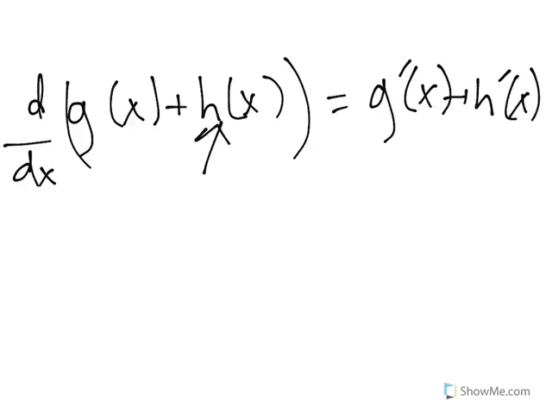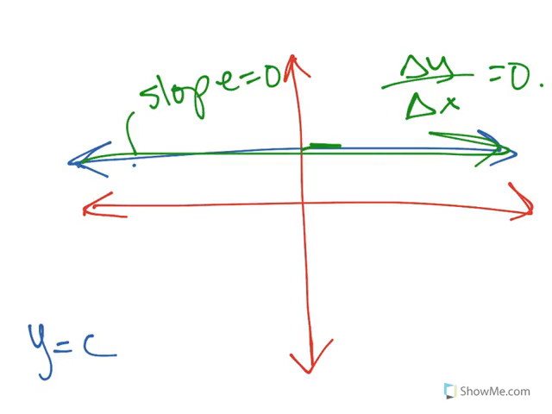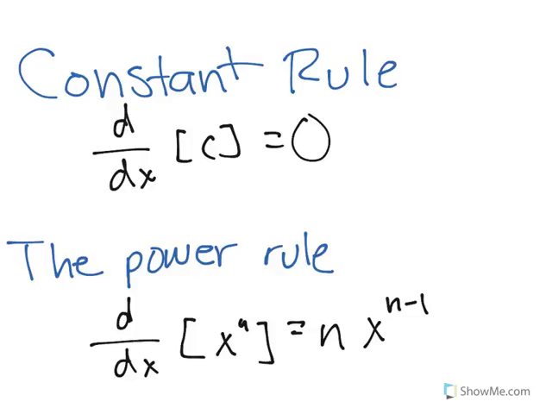And let's say that h of x is just a constant. Well, you know that h prime of x will just be 0, and you're only worried about finding the derivative of g of x. So I guess it's kind of useful. Well, I don't guess. It is very useful.